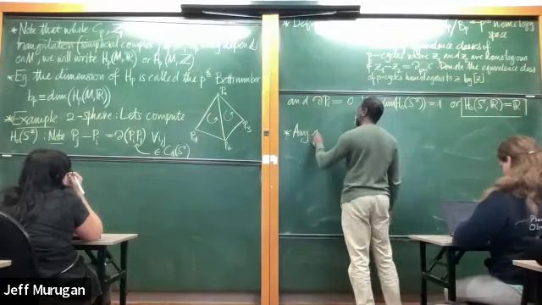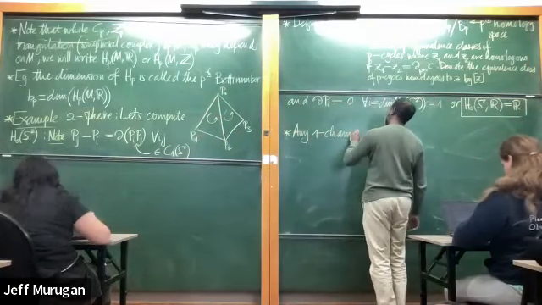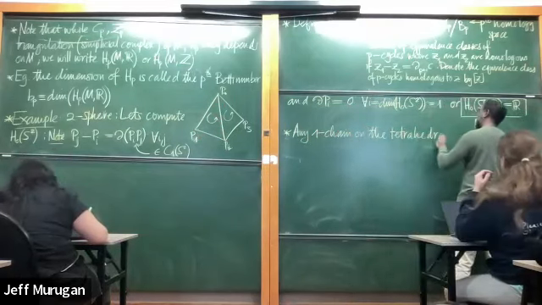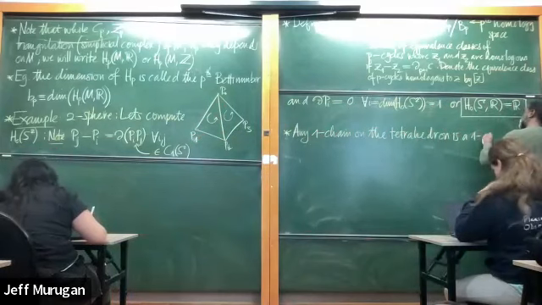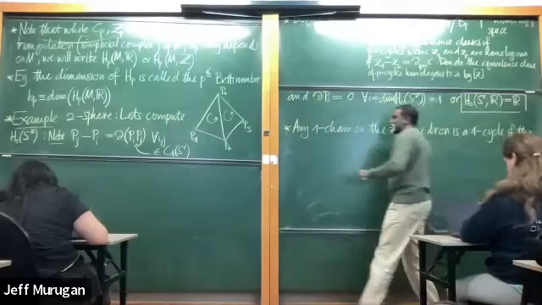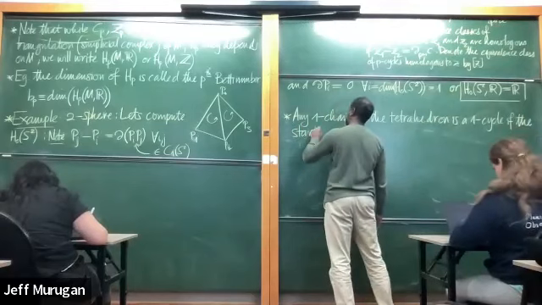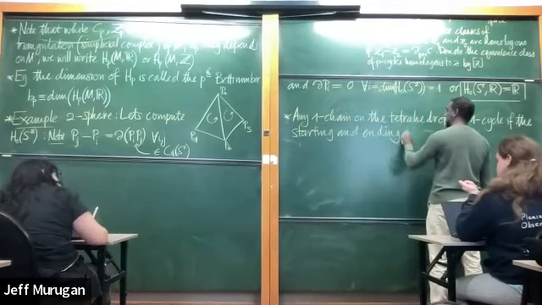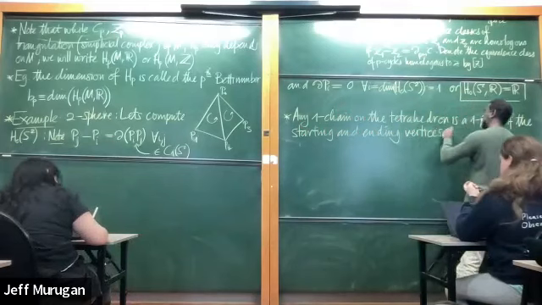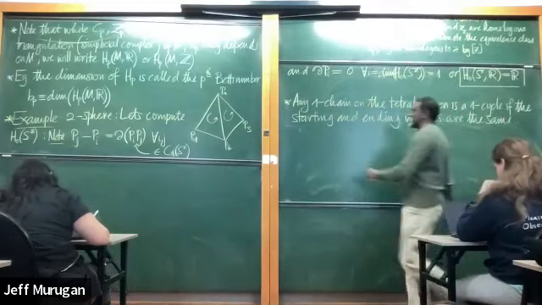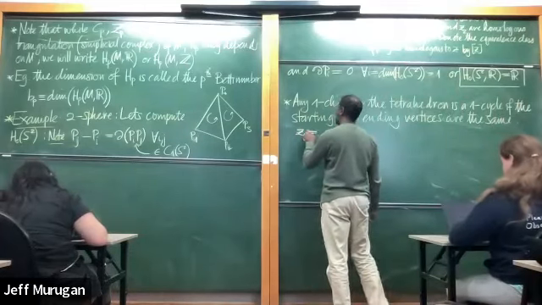So any one-chain on the tetrahedron is a one-cycle if the start and end are the same.